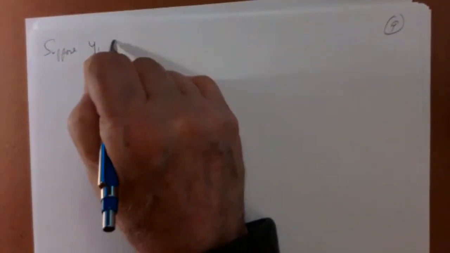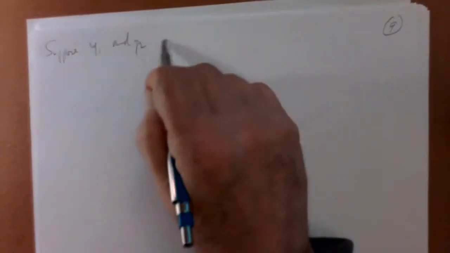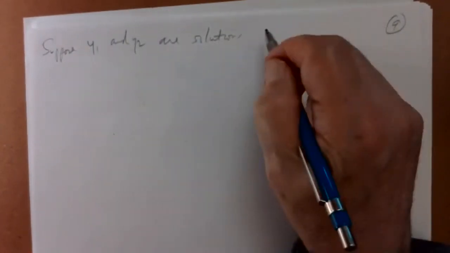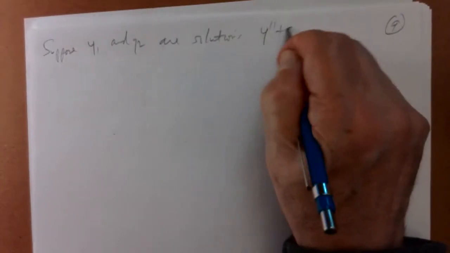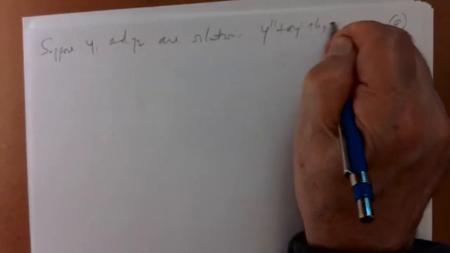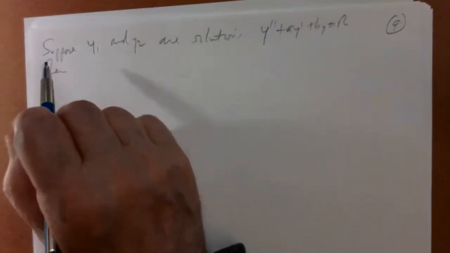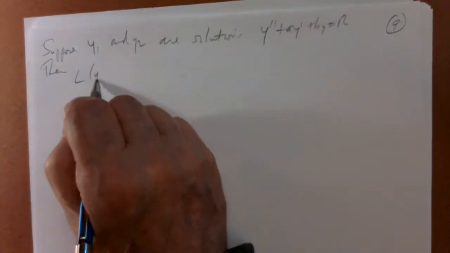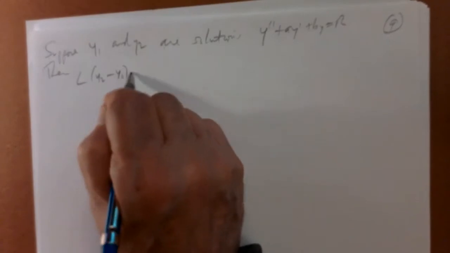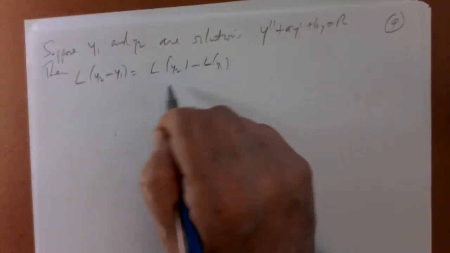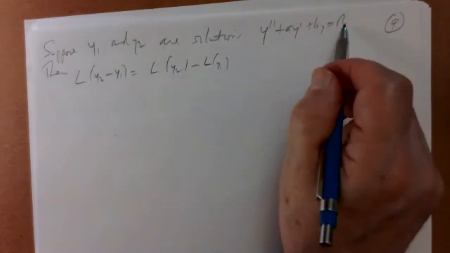Suppose y1 and y2 are solutions of the inhomogeneous equation, y double prime plus ay prime plus by equals r. So in that case, L of y2 minus y1, again, that's L of y2 minus L of y1, but these are both solutions of this equation.